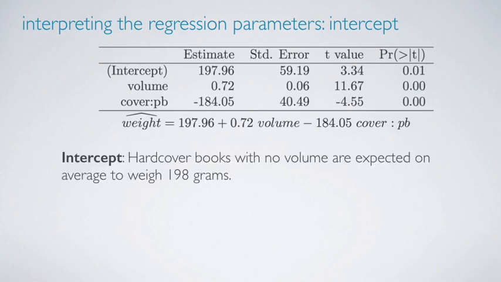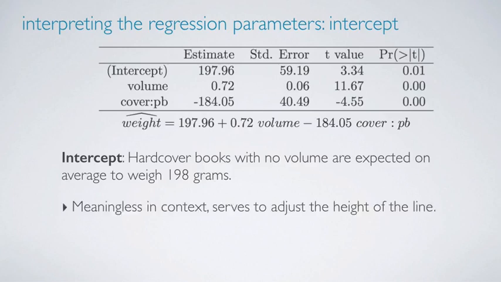In other words, the intercept can be interpreted as hardcover books with no volume are expected on average to weigh 198 grams. Obviously, this intercept is completely meaningless in context because what is a book without a volume after all? However, the intercept is still useful because it serves to adjust the height of the line.